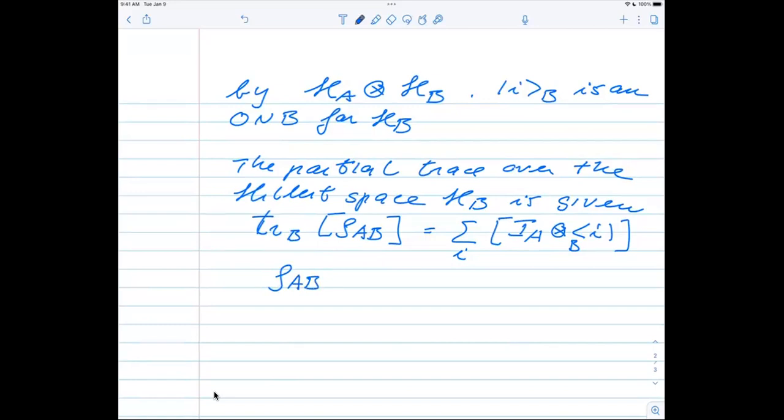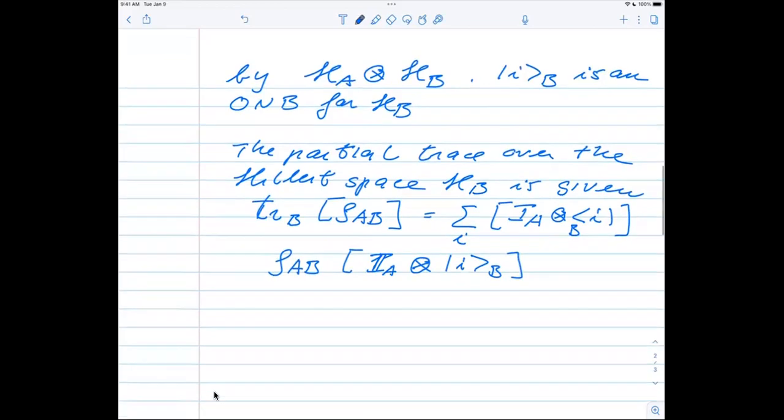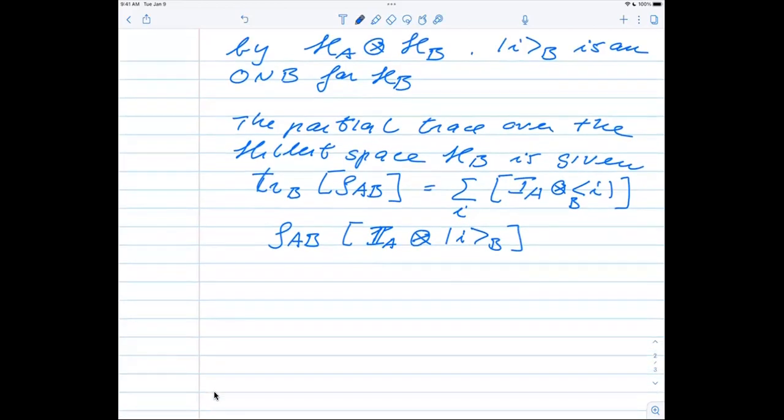And then this is again multiplied with the identity matrix for system A with a tensor product of this basis for B. So we're assuming that there's an orthonormal basis, and this orthonormal basis is a basis which I will now use to project out system B by taking this trace, the partial trace.